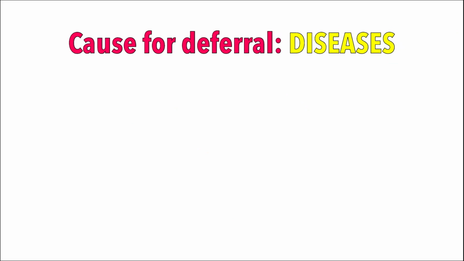So what are the causes for deferral, especially for diseases? My apologies, but you have to memorize this one because even in the board exam, some of these criteria are asked.